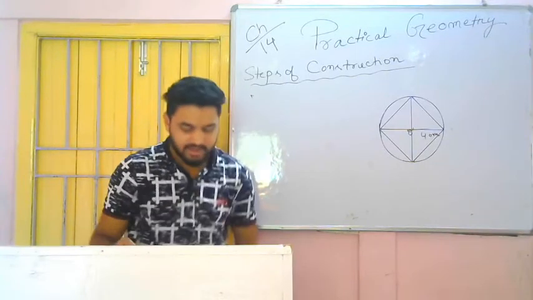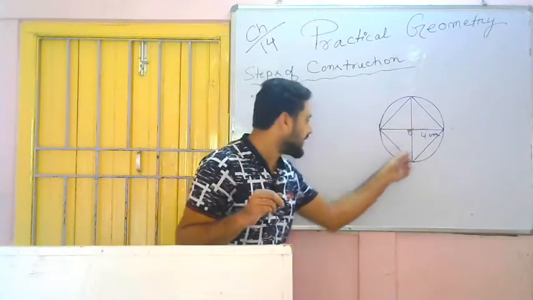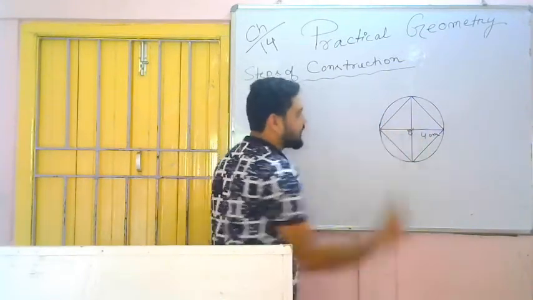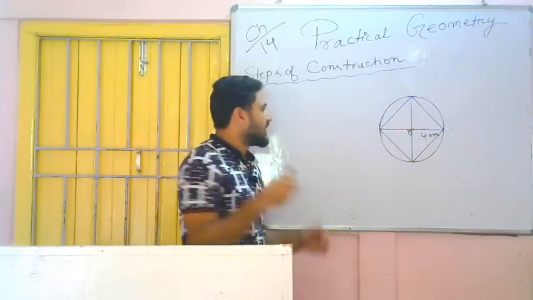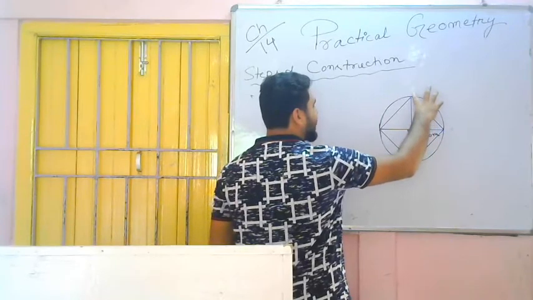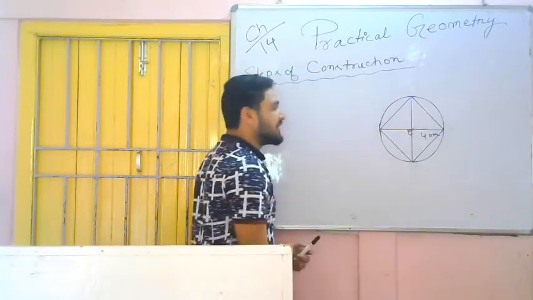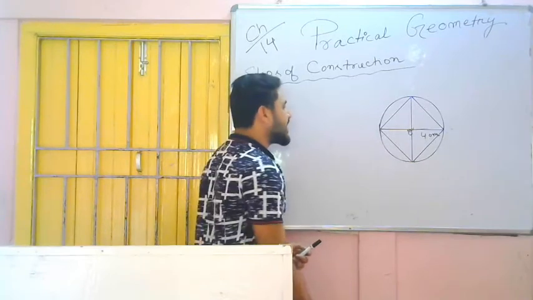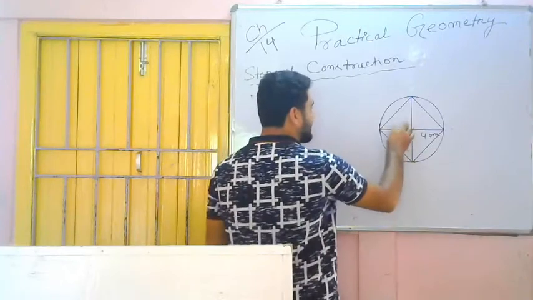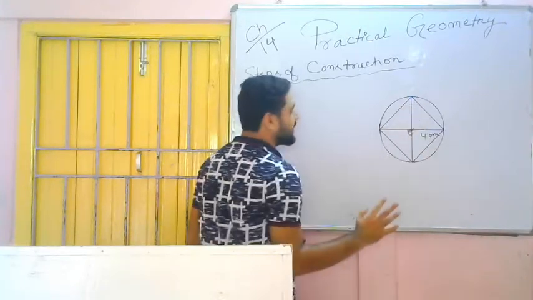Now the question is, what figure do you obtain? That means after joining, what figure have you obtained? You have obtained a square, because you see this portion is what? Radius. These are the radii of the circle, and we know the radii of the circle are equal. So if they are equal, then the distance between this and this will be equal.